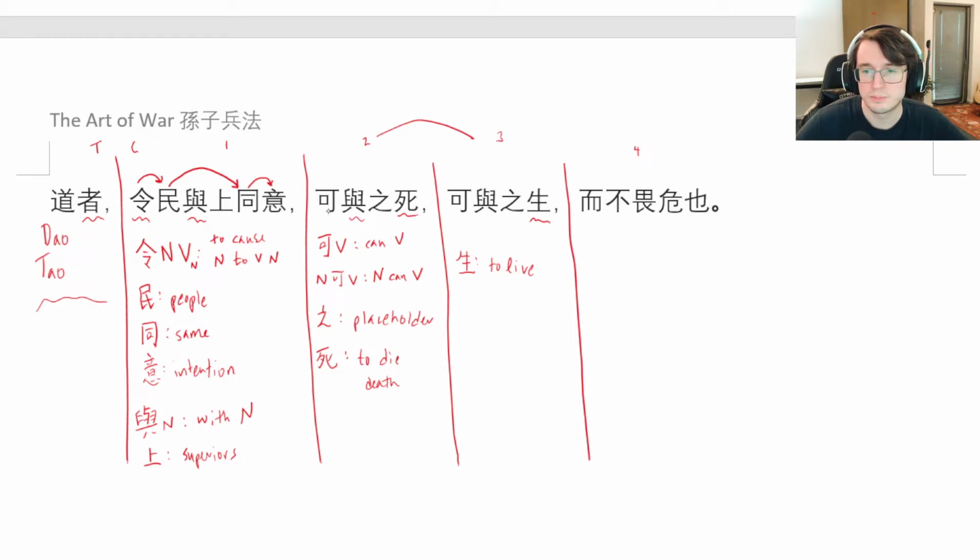Okay, so what is zhi and what is the something at the very beginning? So actually, these two are talking about what we saw here. So in this phrase, we saw that the people have the same intention as the king or as their superiors. So what we're actually seeing here is that the people, so min is going to go here and here. We're going to insert it, min.